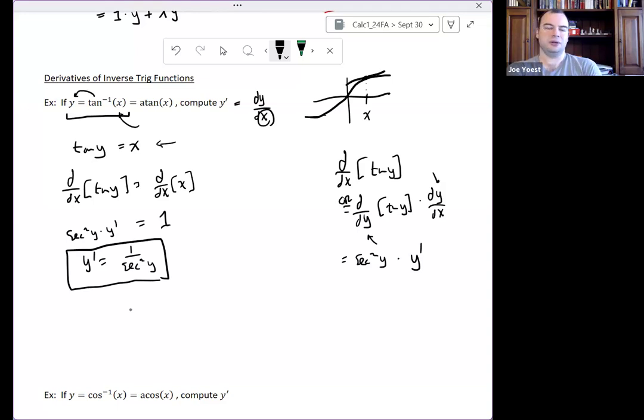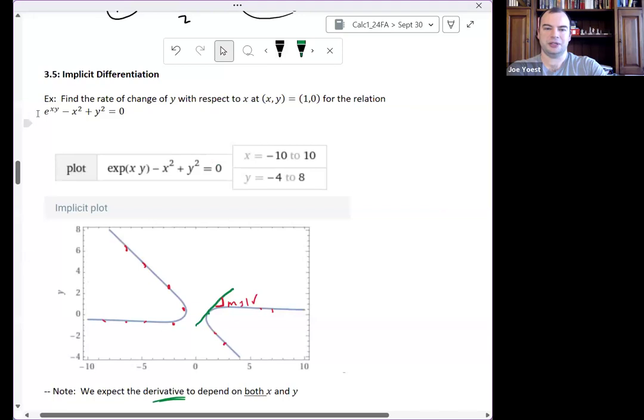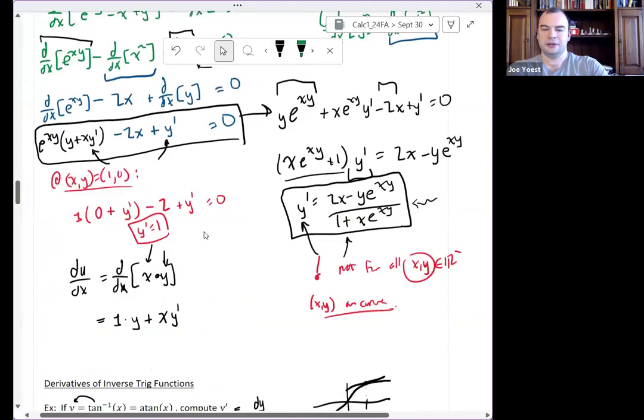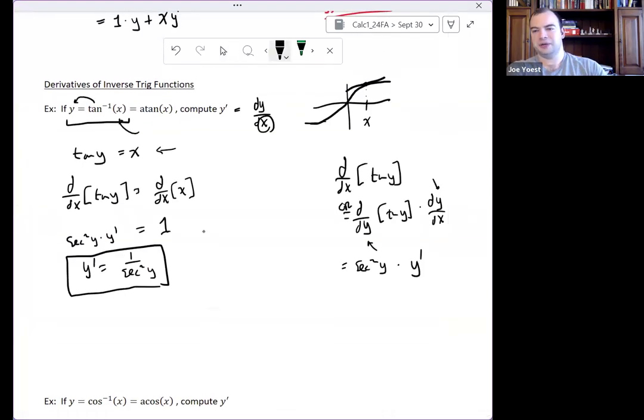There should be no ambiguity. So unlike this one up here that was truly just a relation and really not a function, I definitely needed to know my y coordinate as well as x to know where I'm at on the curve. Well, this one down here, it seems like I should be able to get away with knowing just x, and I should be able to write my derivative in terms of the independent variable that I started with.